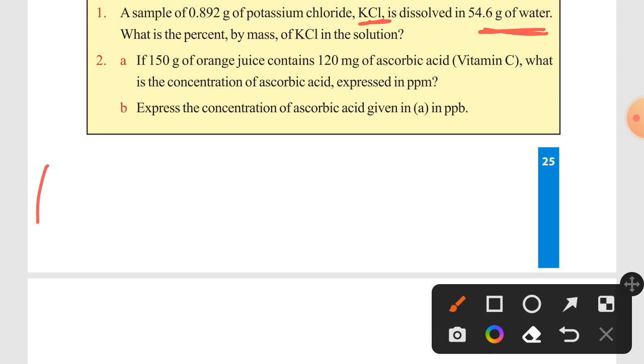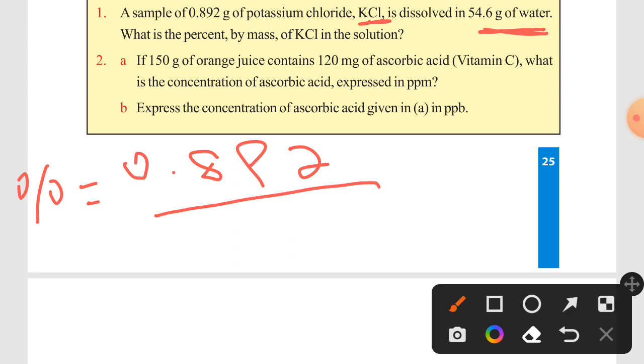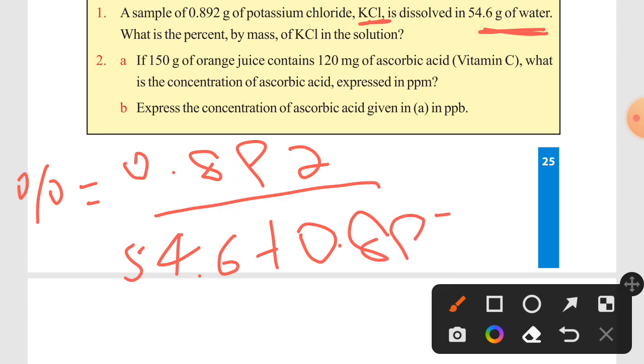So percent by mass gaafa barbaannu, percent by mass is equal to mass of solid 0.892 gram over mass of solvent 54.6 plus mass of solid, times 100.